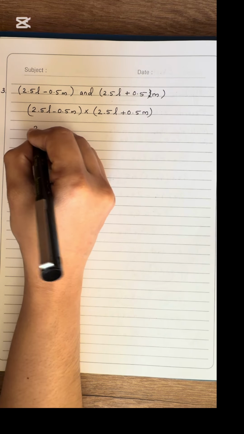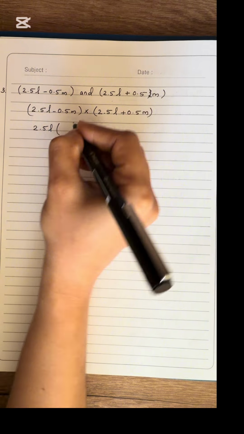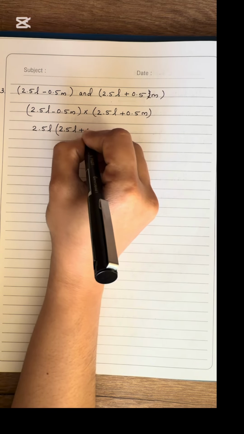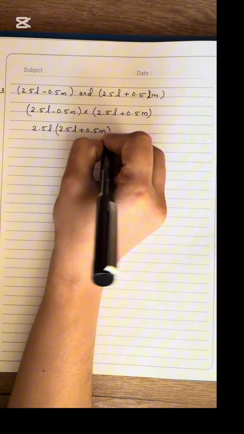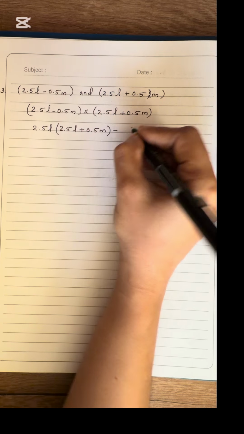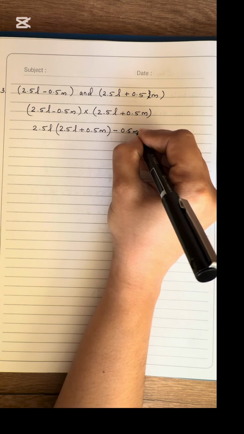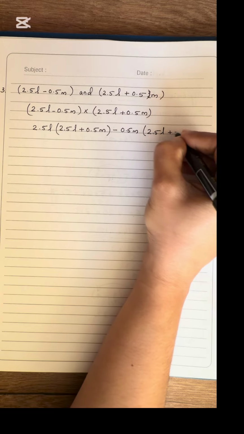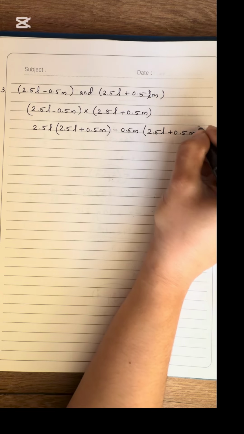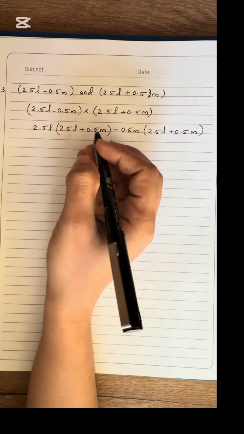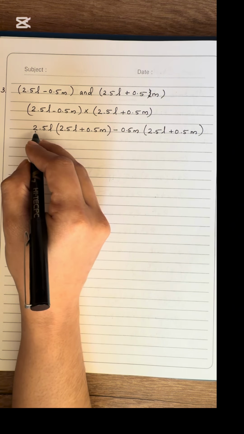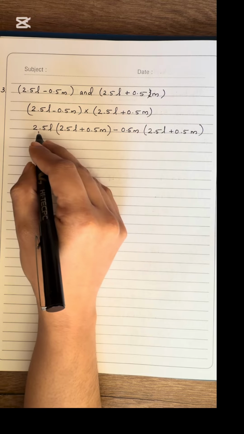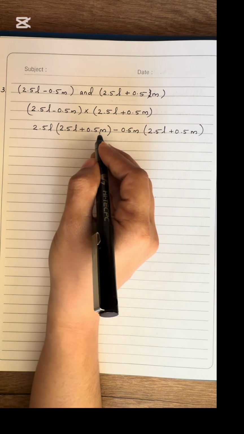Okay, so 2.5 L into 2.5 L plus 0.5 M, minus 0.5 M, the second term, into this one 2.5 L plus 0.5 M. Here again we will use the distributive property. We have to multiply 2.5 L with 2.5 L and 2.5 L with 0.5 M.